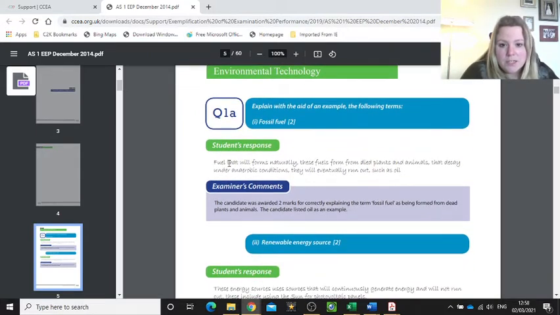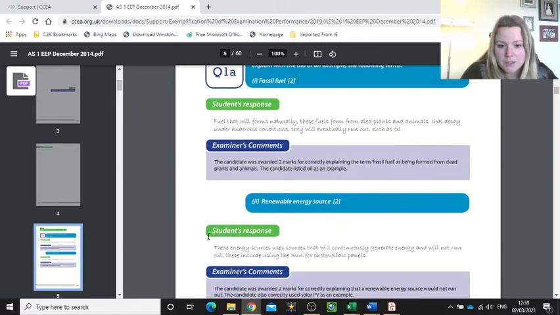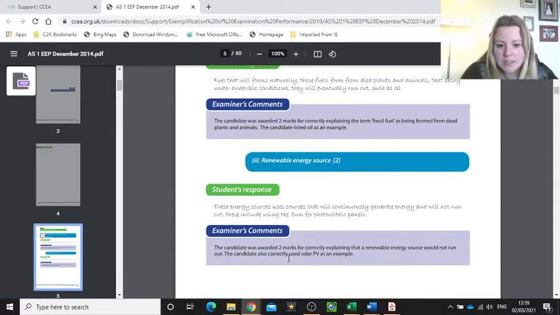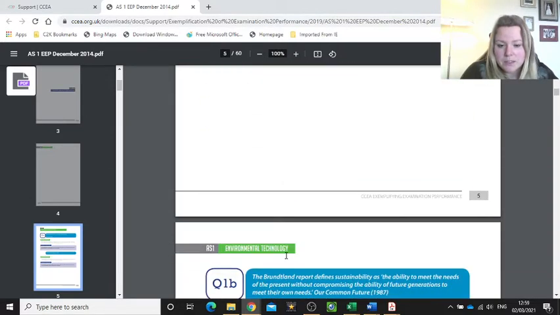Underneath each student's response, you've got examiners' comments. They said the candidate was awarded 2 marks for correctly explaining the term fossil fuel as being formed from dead plants and animals, and they listed oil as an example. Even though it's not perfectly written, they've still got the 2 marks. Then there's another person's response and the examiner's comments on that.